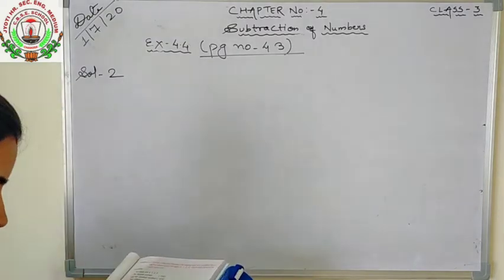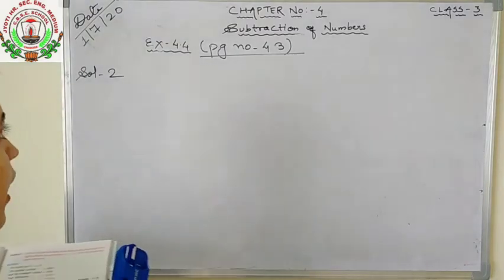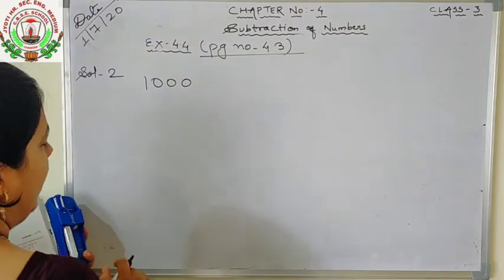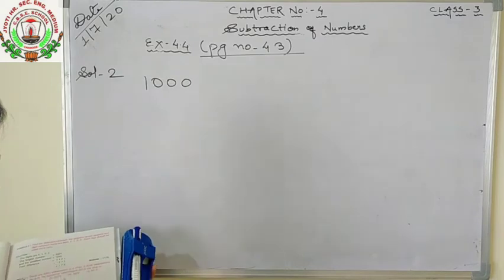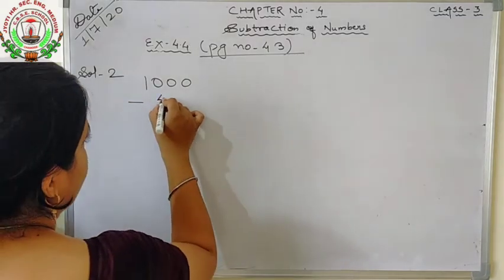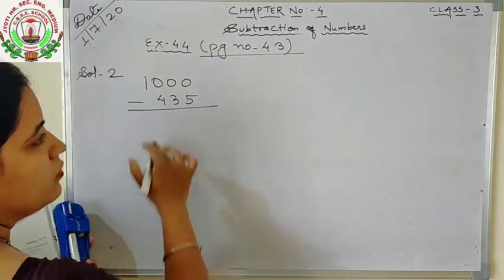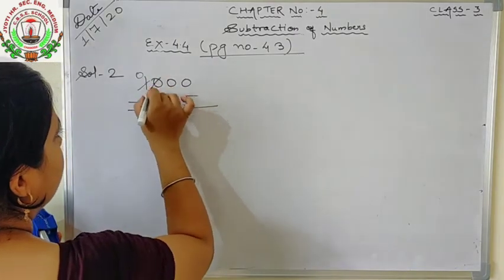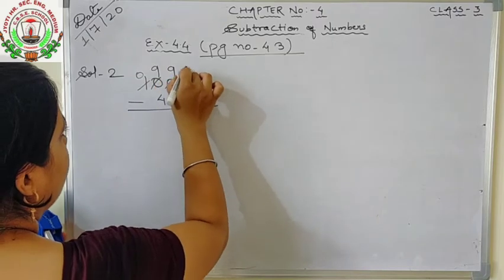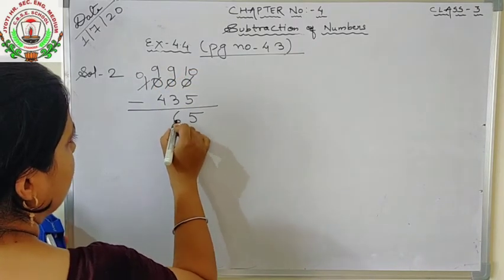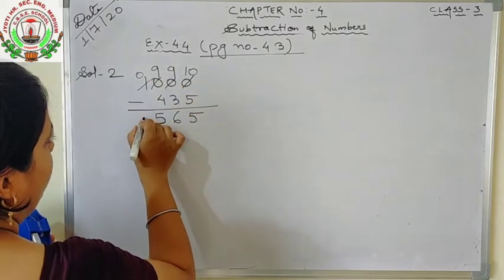What should be added to 435 to get 1000? We have to get 1000, and what should be added to 435? So when we subtract these two numbers, we get the other number. So we will subtract. 0, 9, 9, 10. 10 minus 5 is 5. 9 minus 3, 6. 9 minus 4, 5, 0.